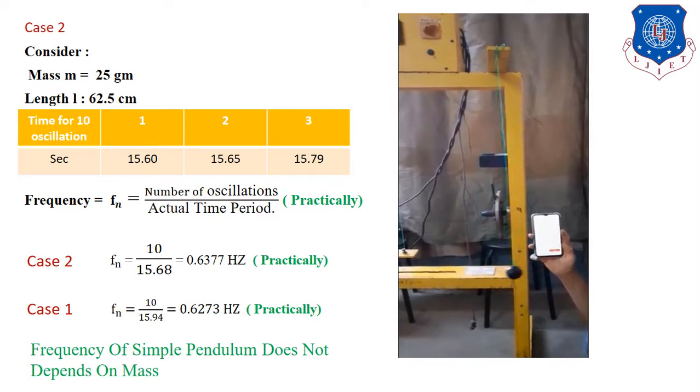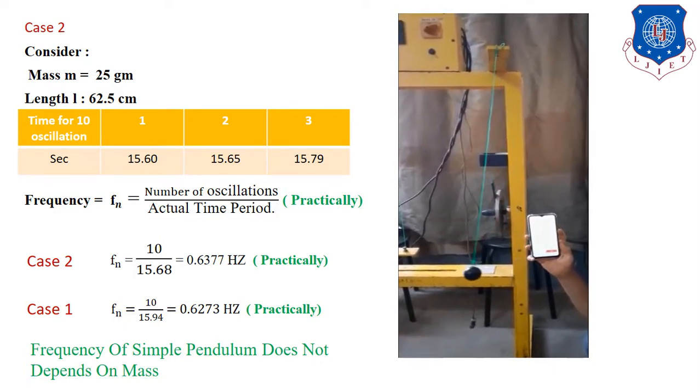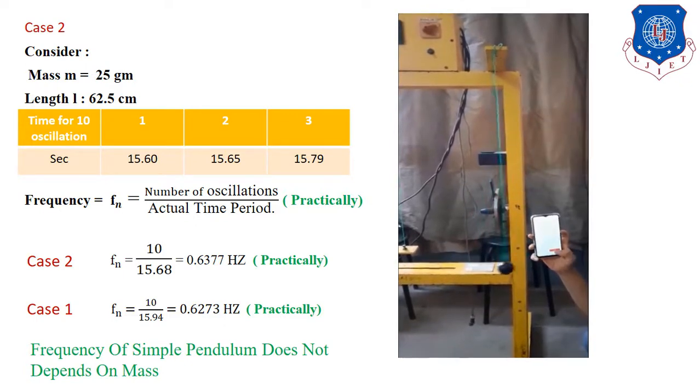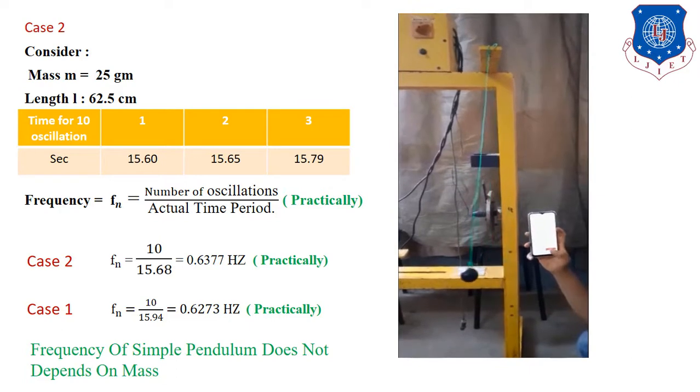We consider three readings for better accuracy. The third time we get the result 15.65 seconds. Here you can see this in our observation table. The first reading is 15.60 seconds, the second reading is 15.65 seconds, and the third reading is 15.79 seconds.